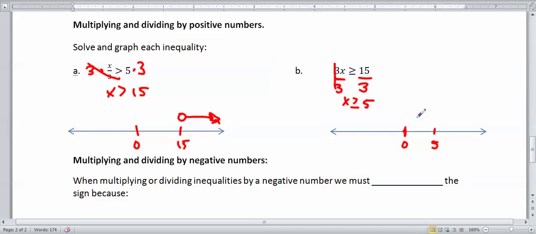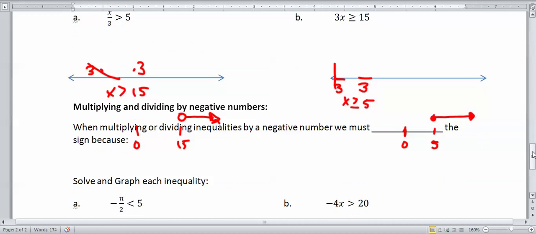Greater than or equal to means I use a closed circle, looking for that line underneath because it tells me that it can be equal to 5. Check my 0. Is 0 greater than or equal to 5? Nope. So I'm going to go to the right. Okay, so it's everything greater than 5: 6, 7, 8, 9, 10, etc.